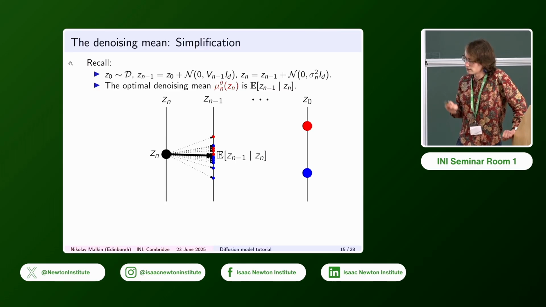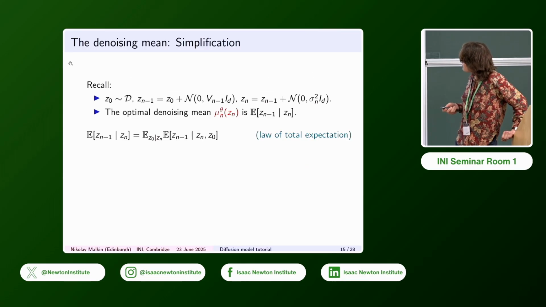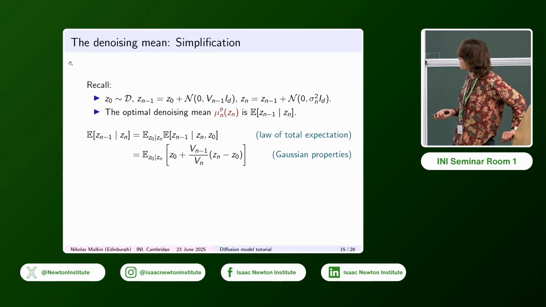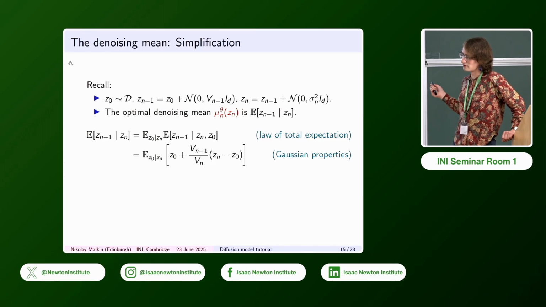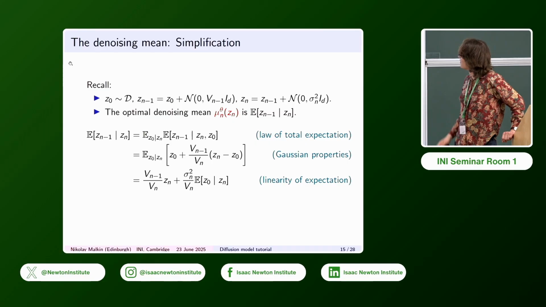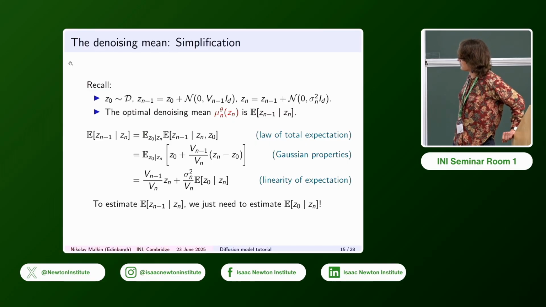So let's break up this expectation. The expectation of Zn-1 given Zn can be broken up into an expectation over Z0. Now, because of basic Gaussian facts, this simplifies. Just some algebra with the law of iterated expectation, and we get this expression.